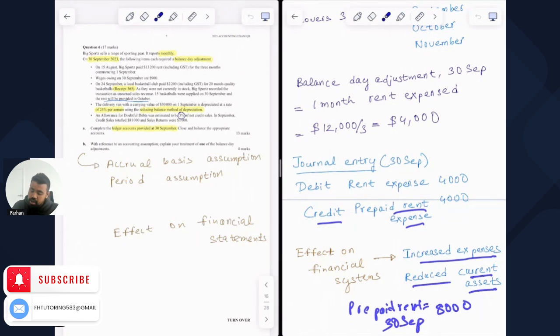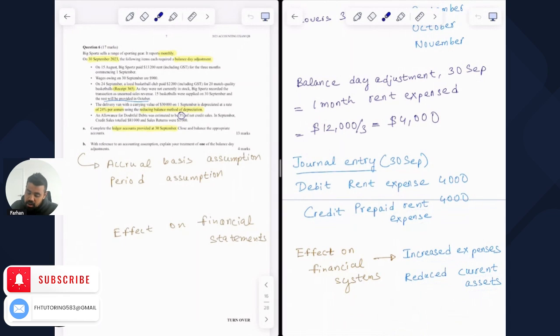Make sense? So if the question asks you to prepare the balance sheet and you have the option to show the prepaid rent balance at 30 September within the current asset section, you would be showing 8,000, not 12,000, because $4,000 has already been expensed or incurred.